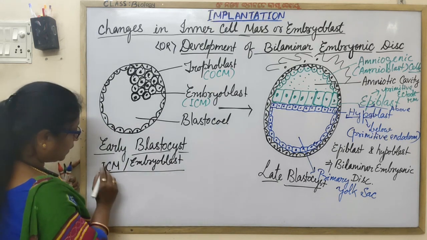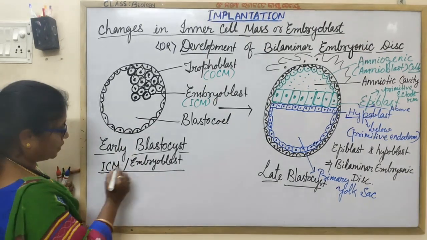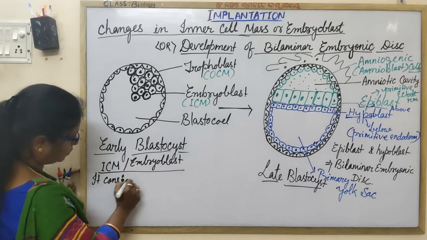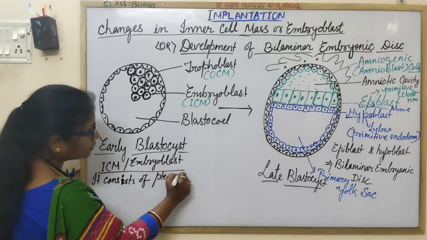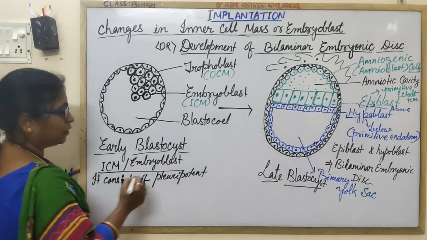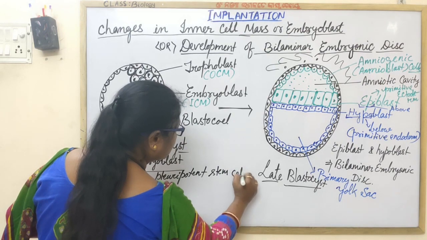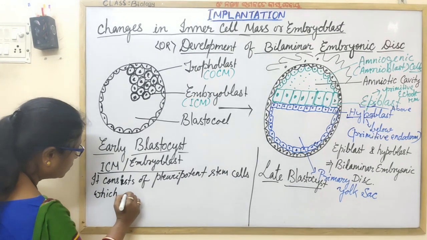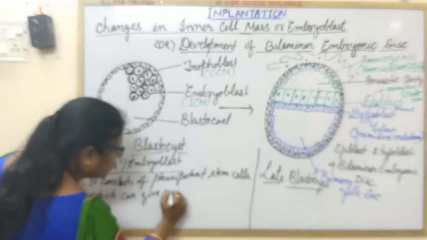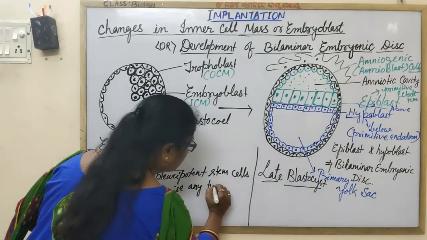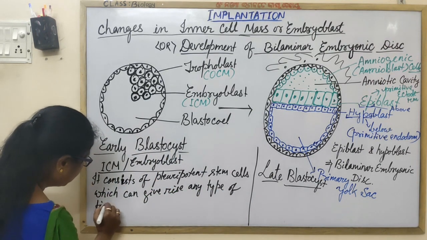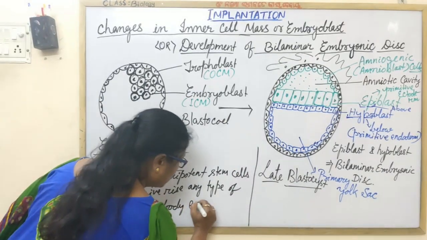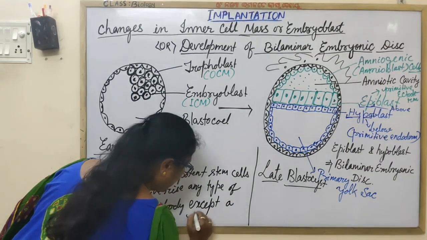It consists of pluripotent stem cells, which can give rise to any type of tissue of the body except the placenta.